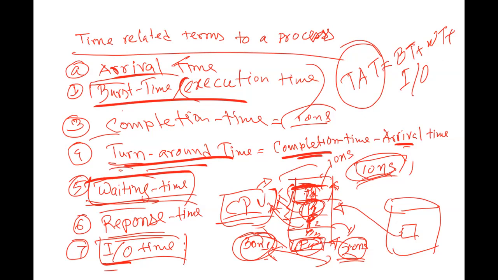So we can also write this equation using this formula as well. It is equal to burst time, meaning the execution time, plus waiting time plus total IO time, or it can be completion time minus arrival time, the same thing.